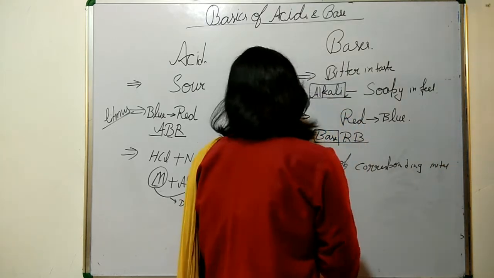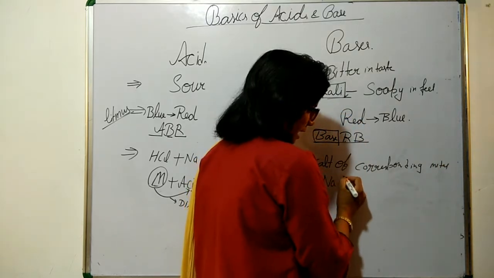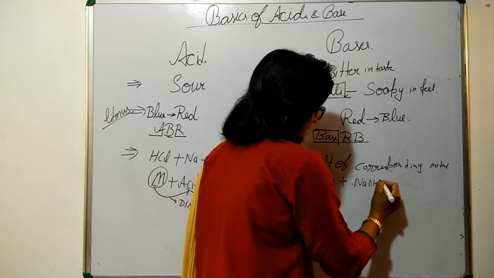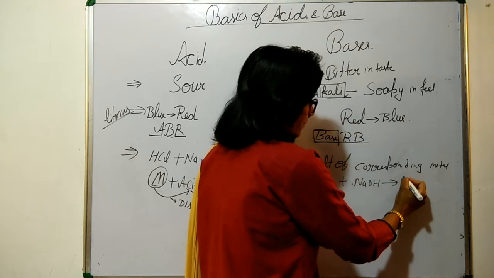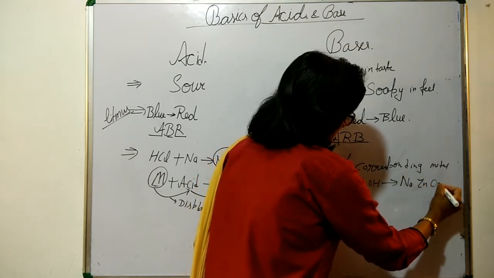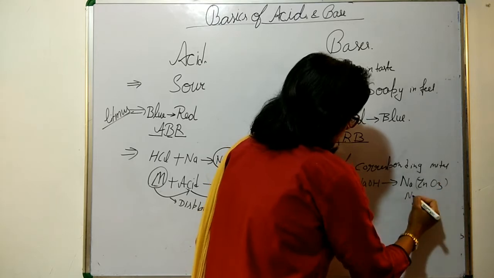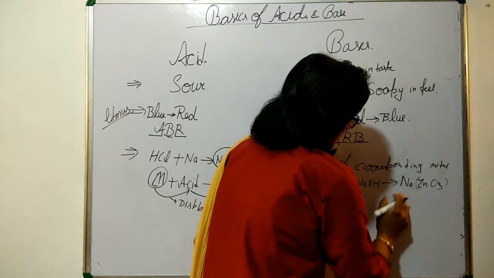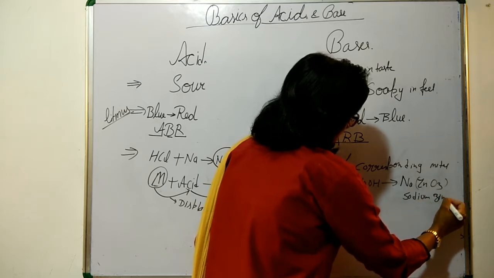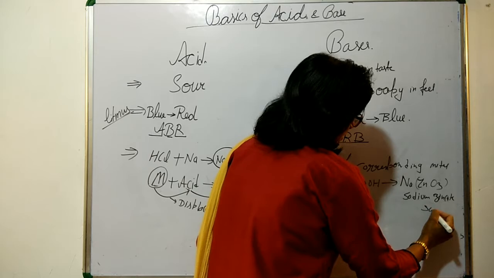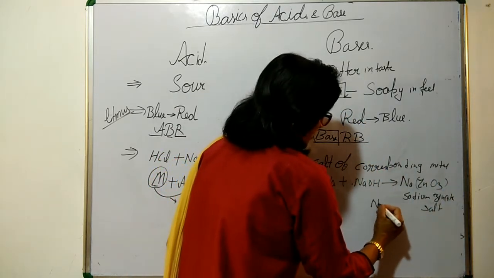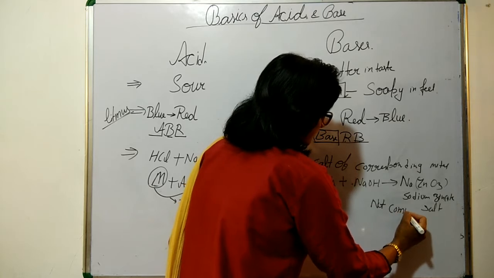Suppose again I will take Zn plus NaOH, it is your base. It will form sodium zincate, which is your salt. But usually the reaction is not very common with base and metal.